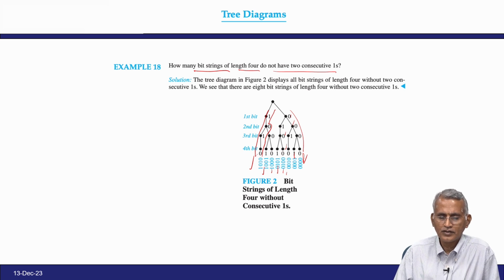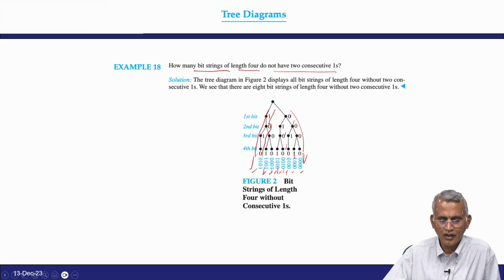This shows the display of the bit strings of length 4 without 2 consecutive ones. Therefore, counting 1 2 3 4 5 6 7 8, there are 8 bit strings of length 4 without 2 consecutive ones.